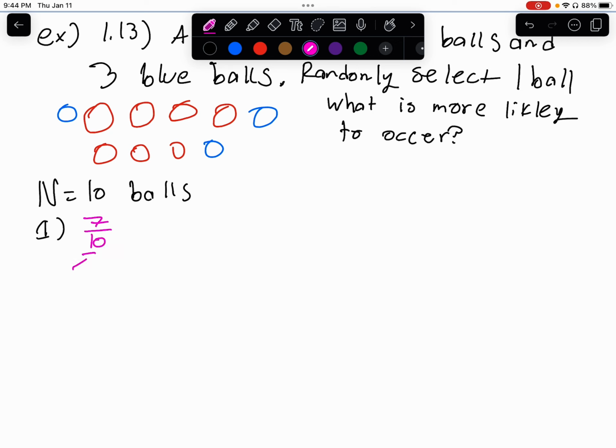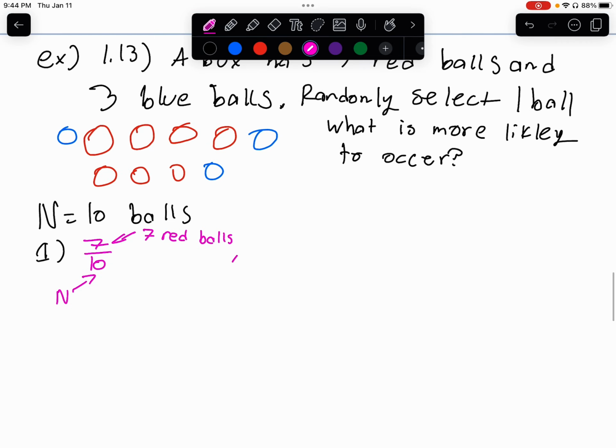So the 10 is our population, and the 7 is the 7 red balls present. And then for blue, we have 3 blue out of a population of 10 balls in the box. So this one equals a 70% chance, and this one equals a 30% chance.